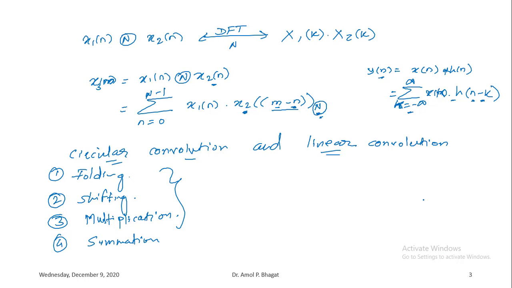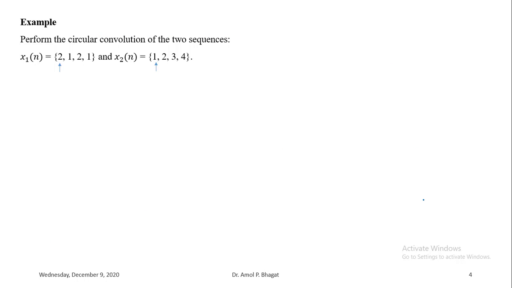So here we'll discuss one example. In this example, we will be identifying the circular convolution directly by using the circular convolution formula, without applying the circular convolution property or the multiplication of two DFTs property. So without using the discrete Fourier transform, we will directly identify the circular convolution here.